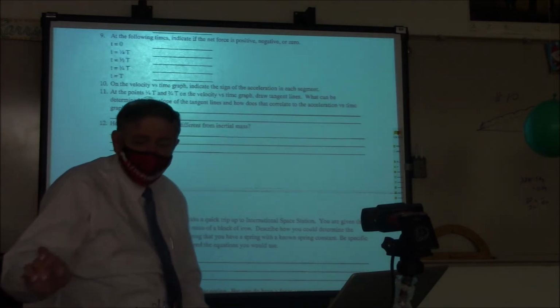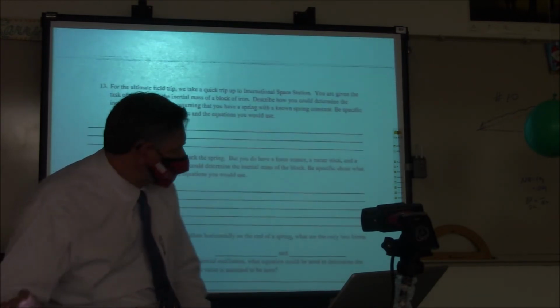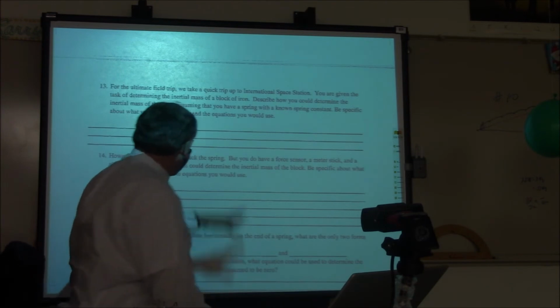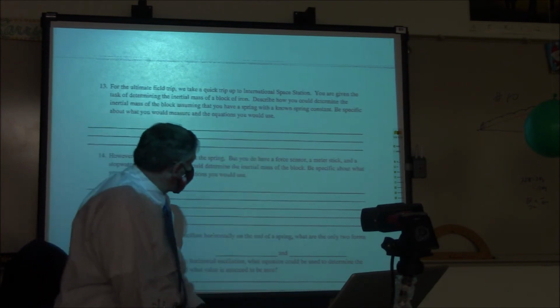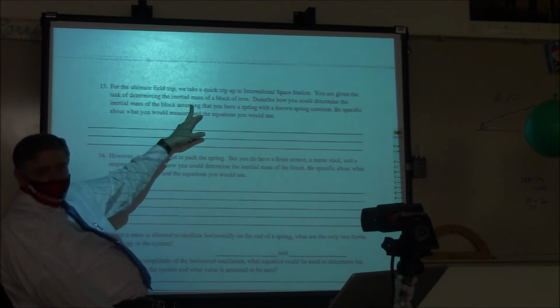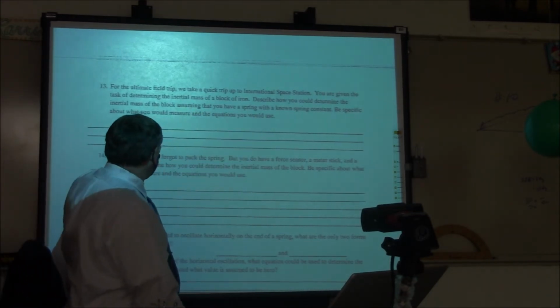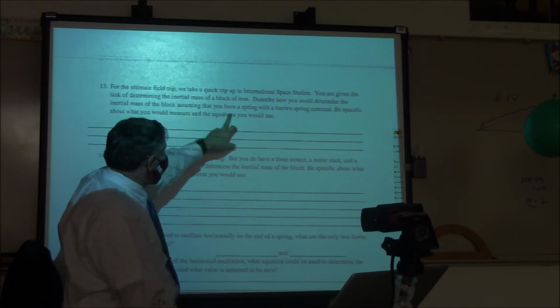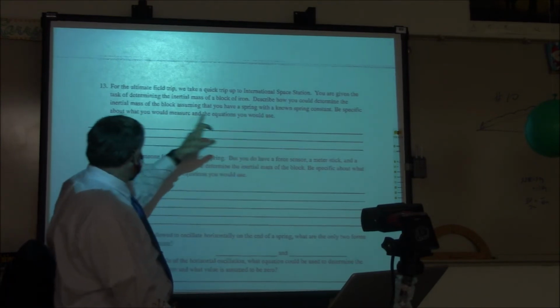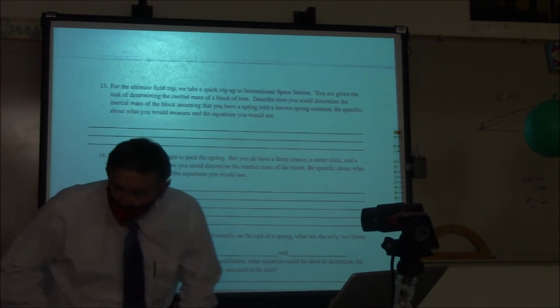Now, when you get to number 13, ultimate field trip, we go to the International Space Station. You're going to try and figure out the inertial mass of a block of iron. Describe how you could determine the inertial mass of the block, assuming that you have a spring with a known spring constant. Be specific about what you would measure and the equations you would use.